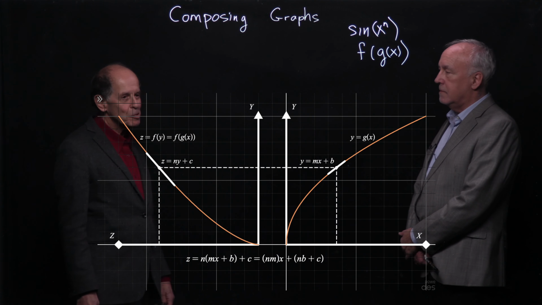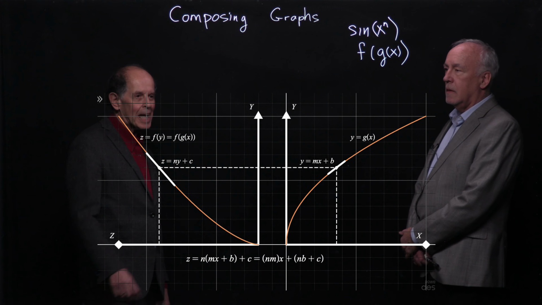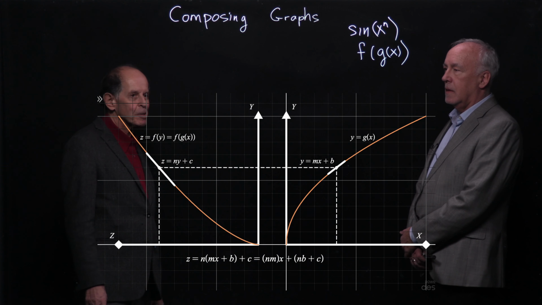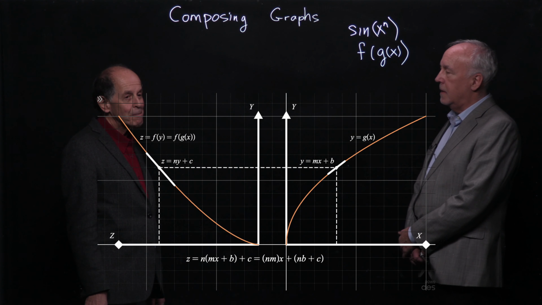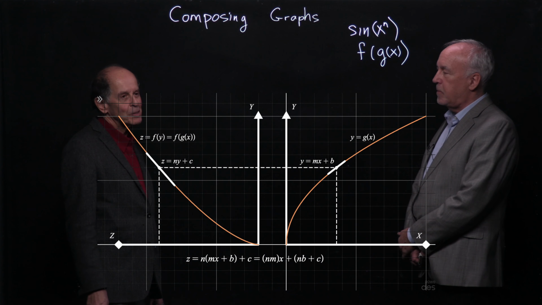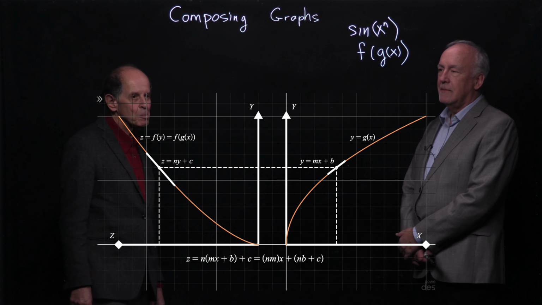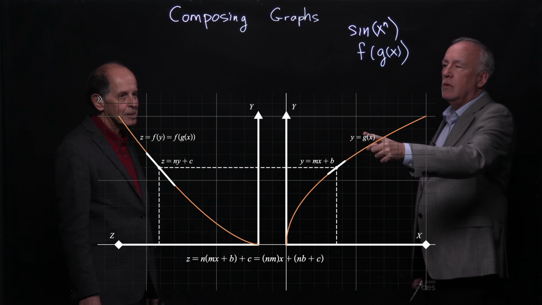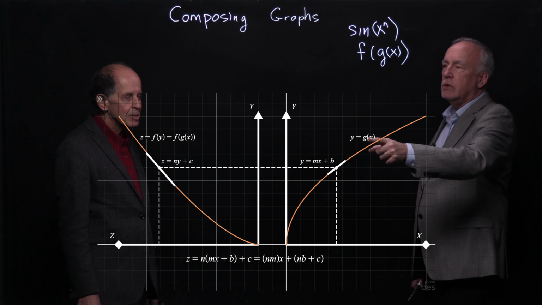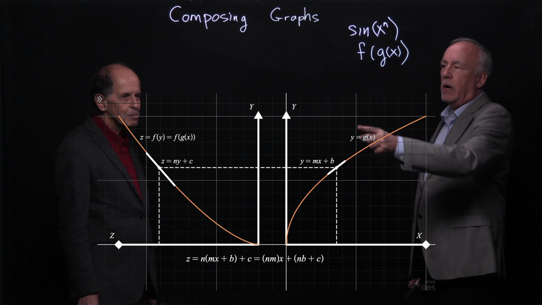So, Michael, take us through this graph and see how we get from x to g of x to f of g of x. You can see that we've helped things by rotating one of the graphs so you can see exactly what's going on. When y is equal to g of x, it's our usual xy plot.